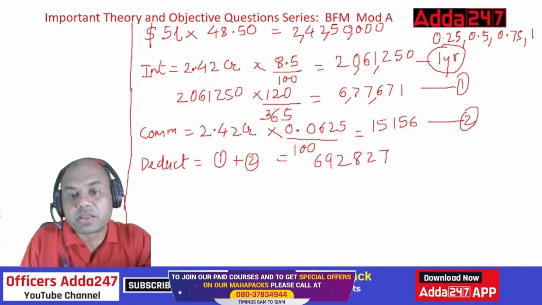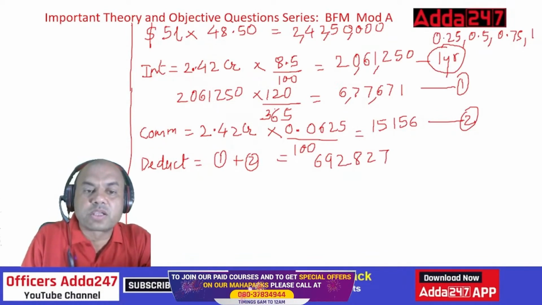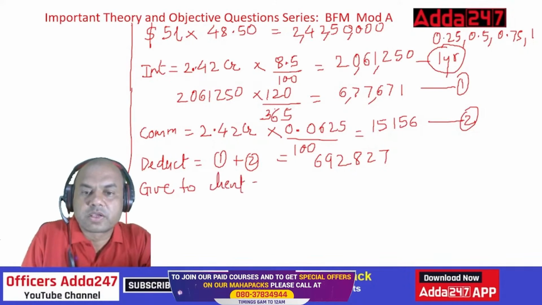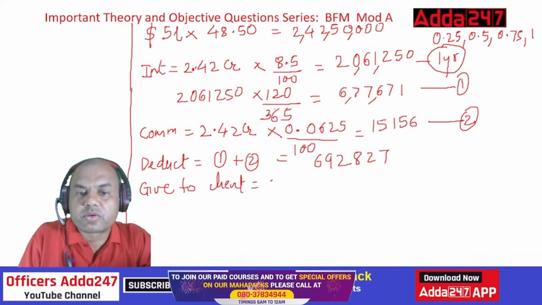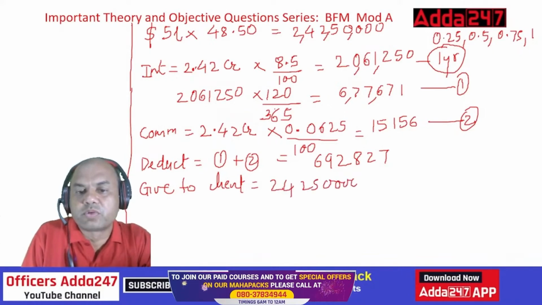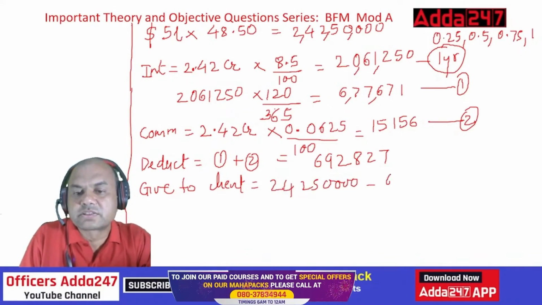So what does it mean? I'll subtract this amount. So given to the client equals 24251234 minus 692,827. So what is the answer?